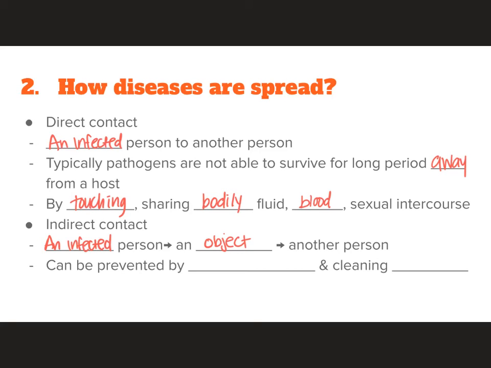It can be prevented mainly by washing your hands and cleaning the surfaces of different objects. It sounds very similar to what we've been doing for our special COVID situation. So wash your hands and clean surfaces so you can avoid indirect contact with any type of disease.